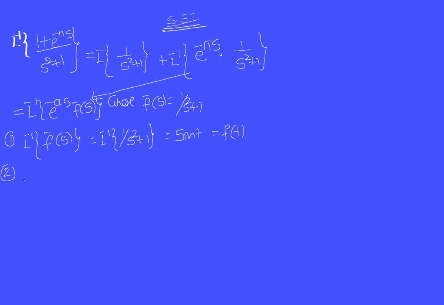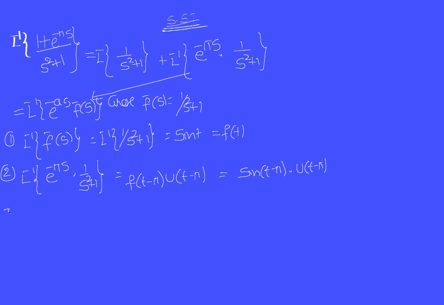Second step: L inverse of e power minus pi s into 1 by (s square plus 1) means f of (t minus pi) into u of (t minus pi). So f of (t minus pi) means sin of (t minus pi) into u of (t minus pi).